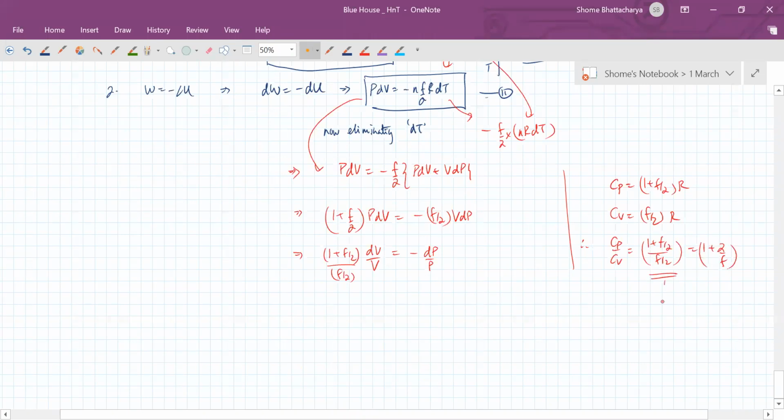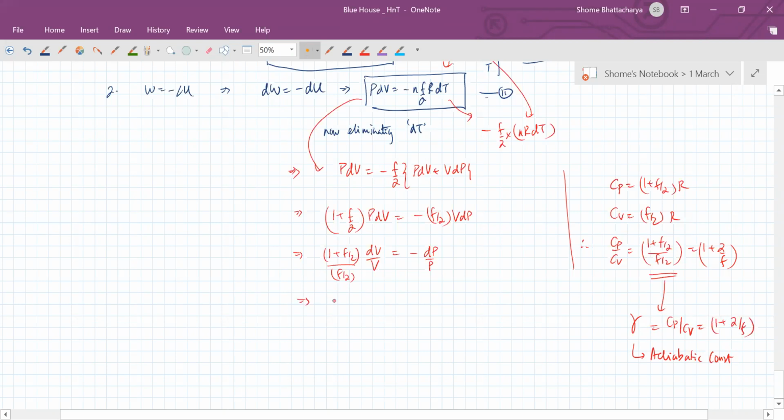So this term is given a special name called gamma, called the adiabatic constant. Given by the formula Cp by Cv, or that's the same thing as 1 plus 2 by f.